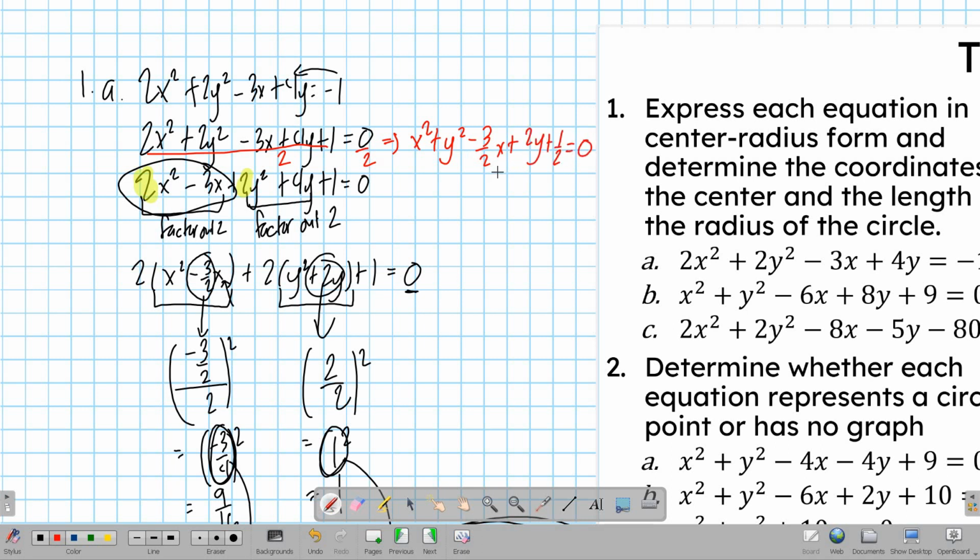Mas mapapadali ngayon yung process nito. Kasi dito automatically A and C equals 1. So yan yung first method. We have to use the algebraic process in solving para makuha yung center radius form, coordinates ng center, and then yung length ng radius. Doon tayo sa second method in B.